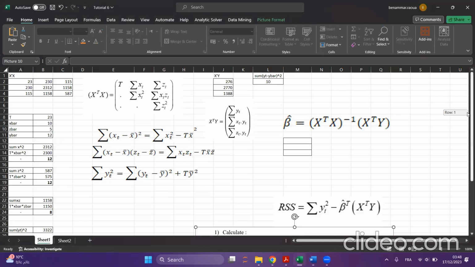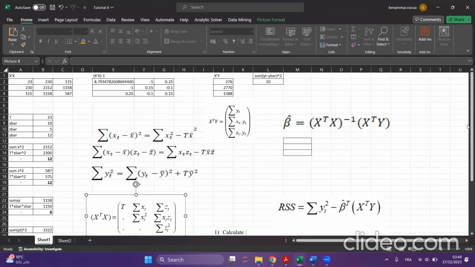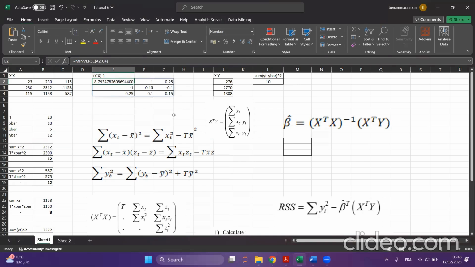We can do this manually by just dividing the elements given in the adjoint matrix by 460, or we can use Excel to just find the inverse based on XTX.